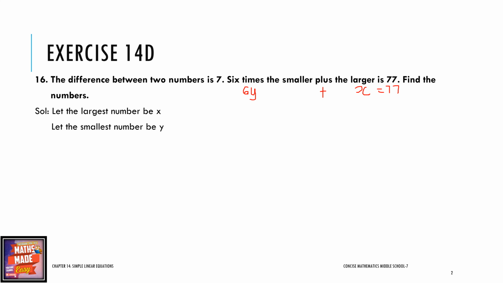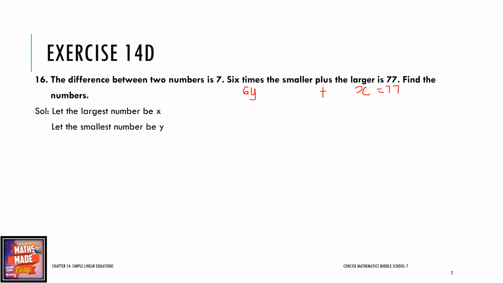Here, look over here, children. The difference between the two numbers is 7, right? Since 7 is a positive number, we got a clue whether it is assumed as x plus y or x minus y.